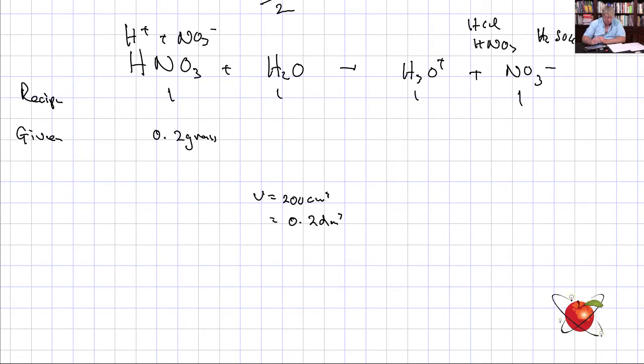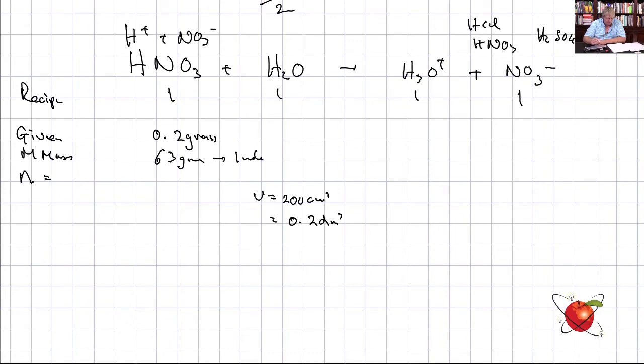Therefore, what actually happened here now? Let's look at the number of moles, because we know we've got to get to the number of moles. First we need the molecular mass. Can you see how important that table is? The molecular mass in this case is 63 grams per 1 mole.